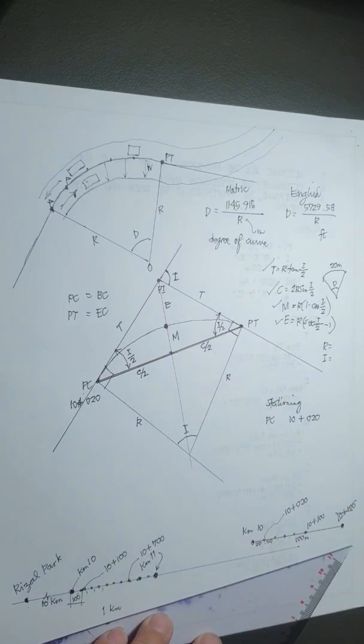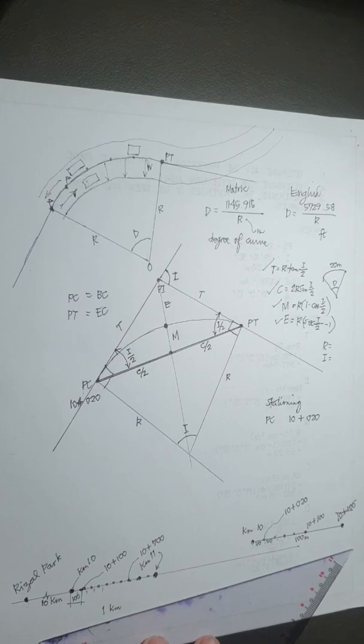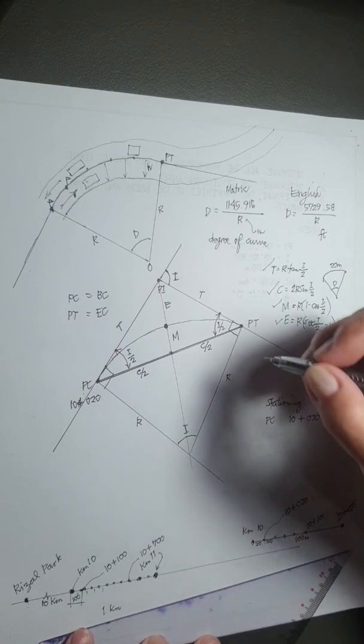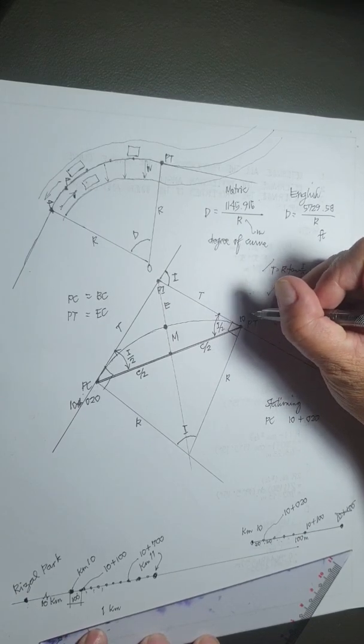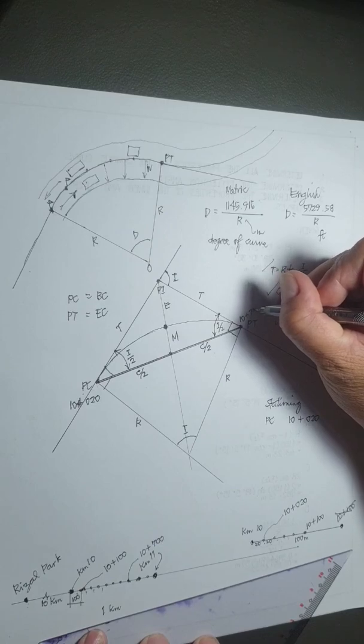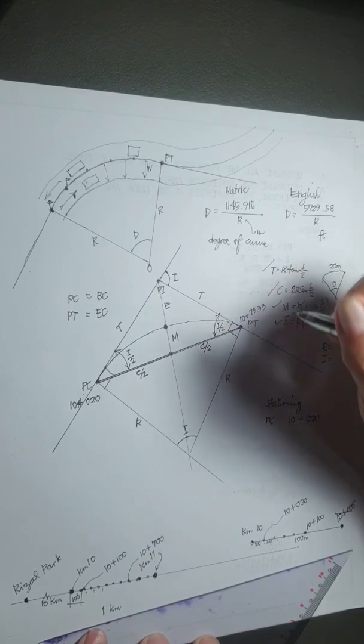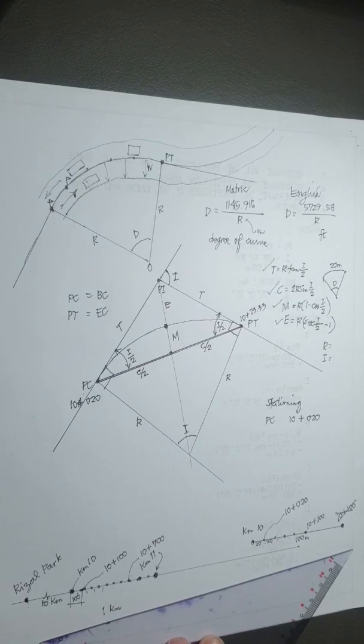Dun sa isang example ninyo, it is said na kung ang nasolve na value natin ay meron tayong length equal to, lumalabas, if this is station 10 plus 73.33. Okay? Kung ganyan yung station mo.